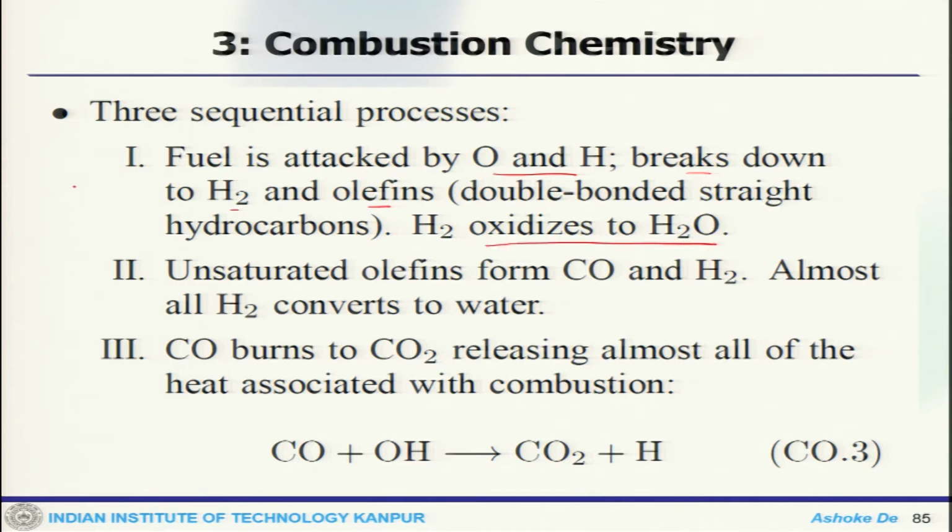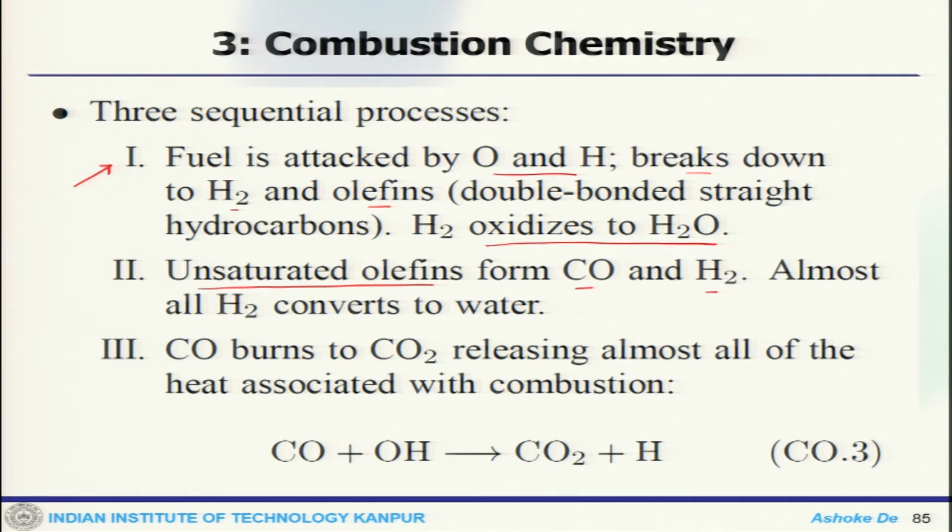That is step number 1, where you first react the fuel with O and H. Then in the next step, all these unsaturated olefins form CO and H2. Almost all H2 converts to water by that time.